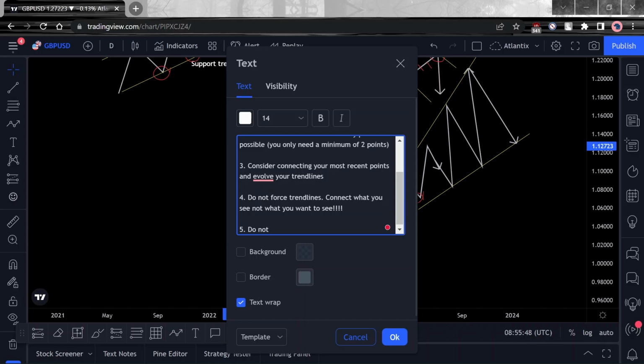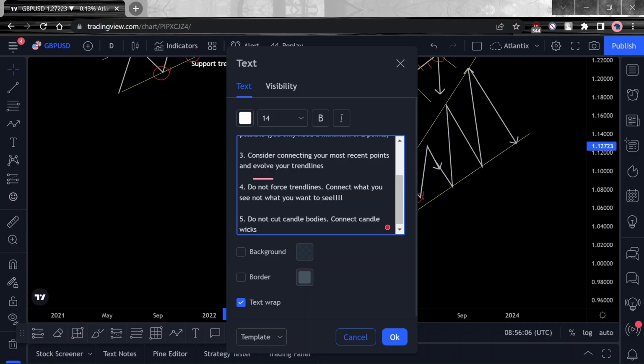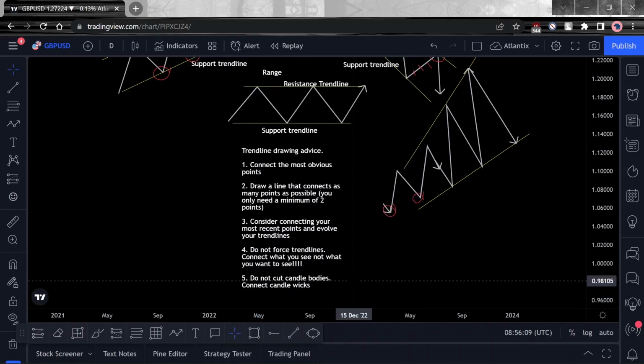Do not cut candle bodies. Sorry about that. Let's say do not cut candle bodies. Connect candle wicks. It's simple, guys. I think that's simple to note.